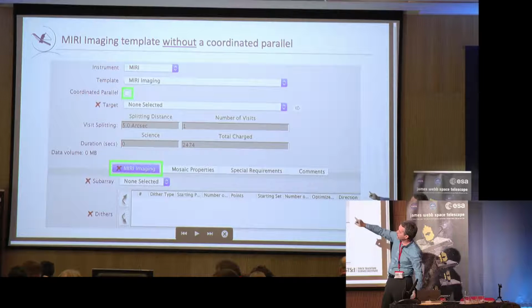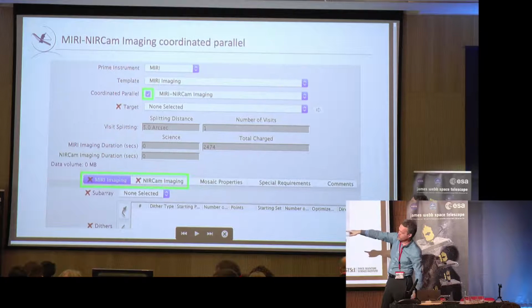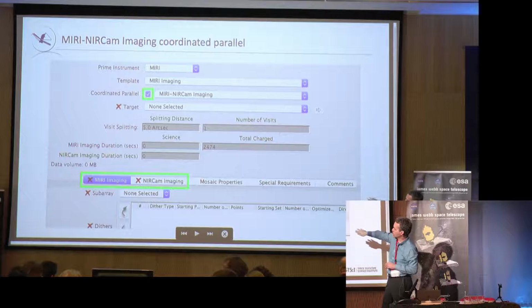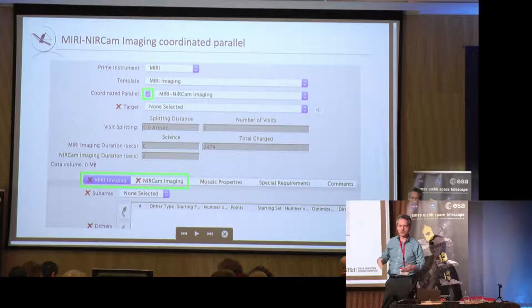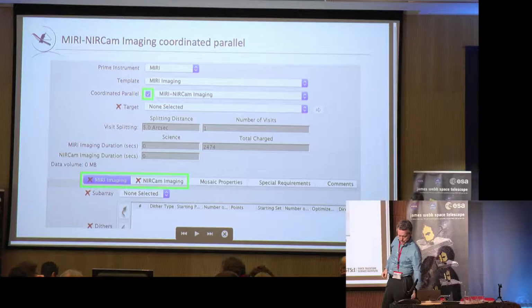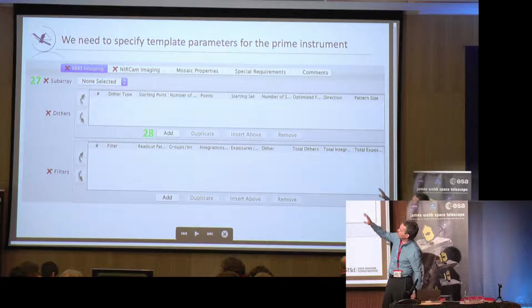But once I checked the box, two tabs appeared in addition to the mosaics and the special requirements. Now there's MIRI imaging plus NIRCam imaging. And of course, you can imagine that if you picked a different combination, different tabs would appear in different orders. Okay, so next up, we fill out the MIRI imaging parameters pretty much as usual.